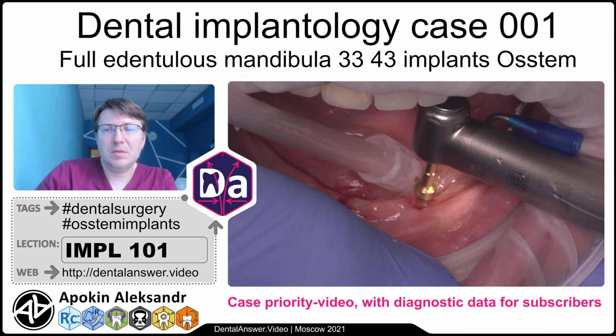I check the depth with the depth probe. The last drilling is 2.5 mm in diameter, and then finally I insert the implant, 3 mm diameter. Much deeper drilling. This is enough for bone level placement of the implant.